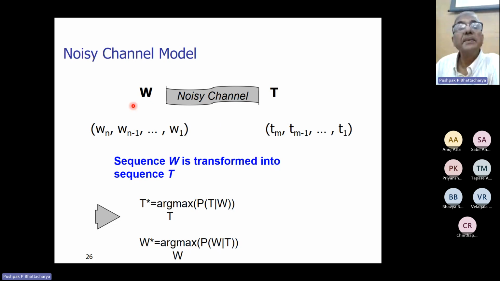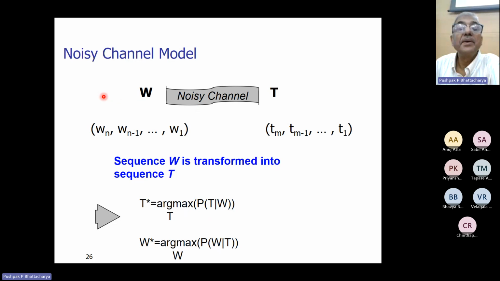It can, for example, be used for this posture labeling that I showed. So you have a sequence of postures coming in, and these are labels on each of the postures.